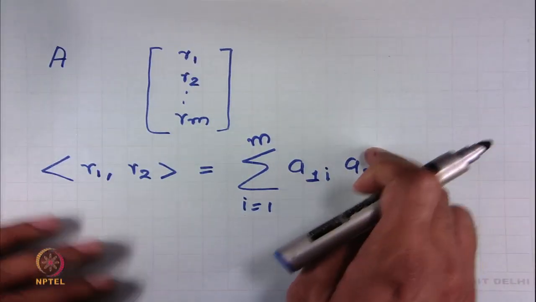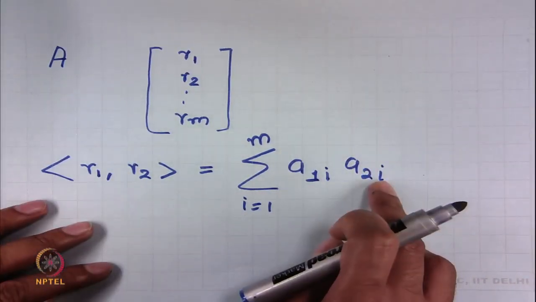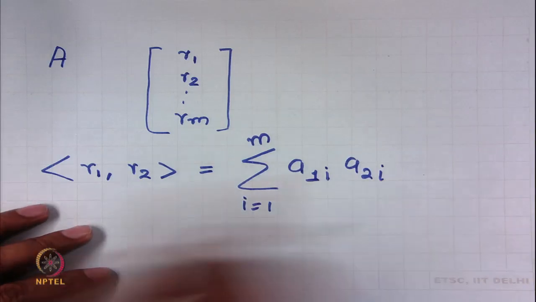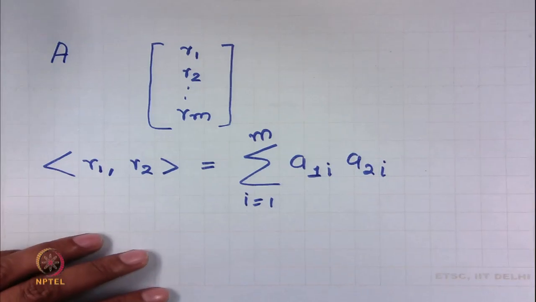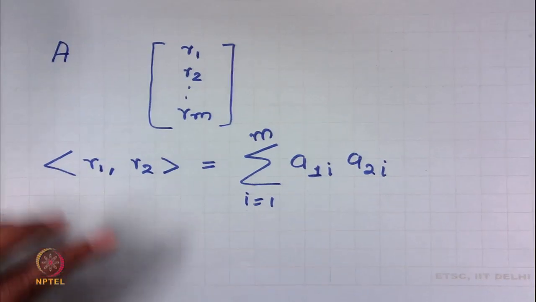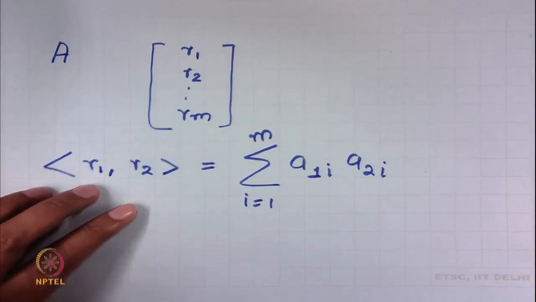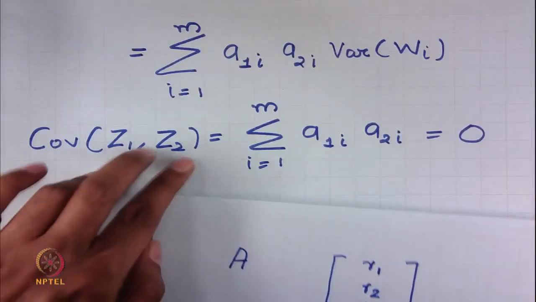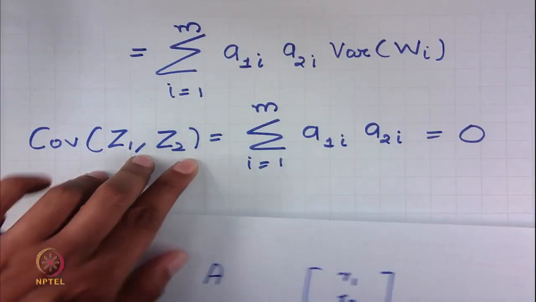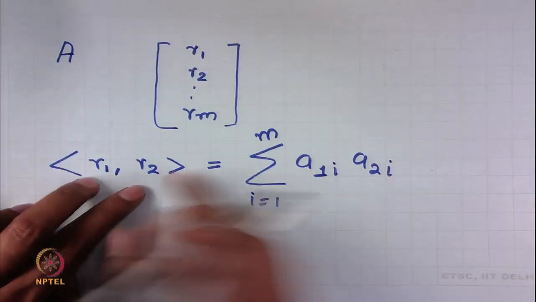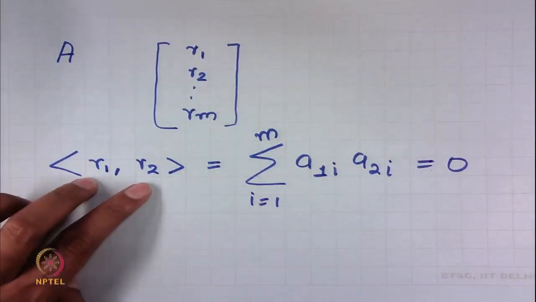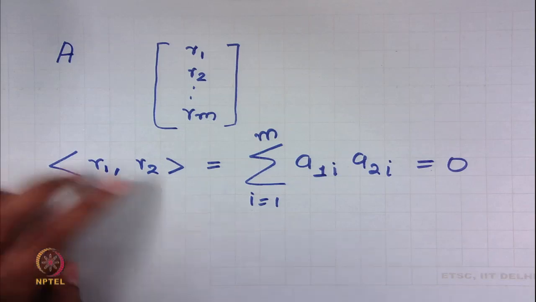Of course, you can have conjugates if these elements are complex, but we are assuming everything to be real and thus there are no conjugates and so on and so forth. So, what we are saying is if these two random variables Z1 and Z2 have to be uncorrelated, this quantity has to be 0, that means the inner product of row 1 with row 2 has to be 0. Okay.